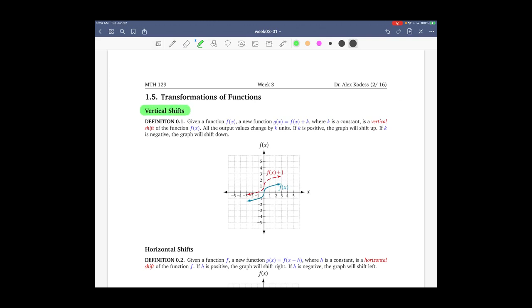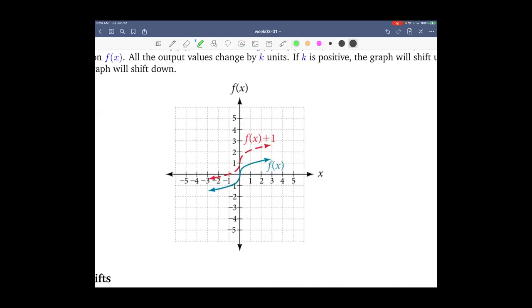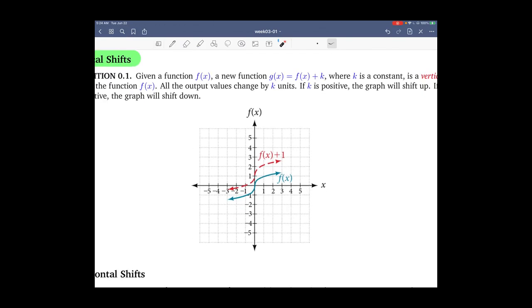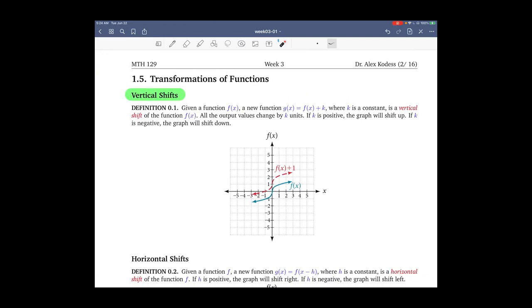Think about this question. If you have the graph of function f, what happens when you add to f a constant? If you think about it, you will see that what happens with the graph is that you shift vertically by that constant.